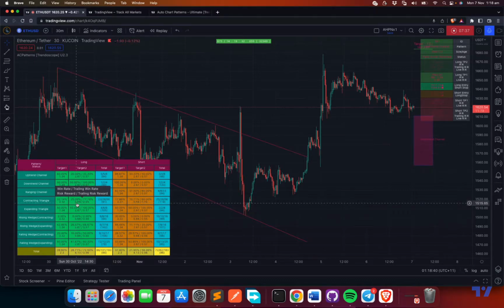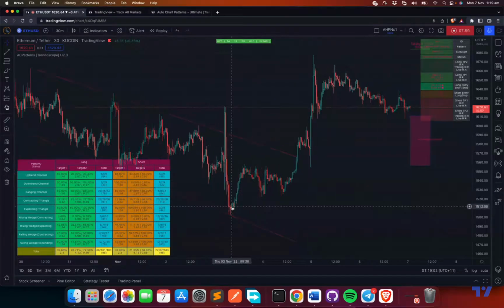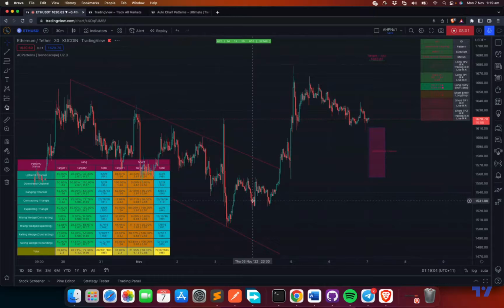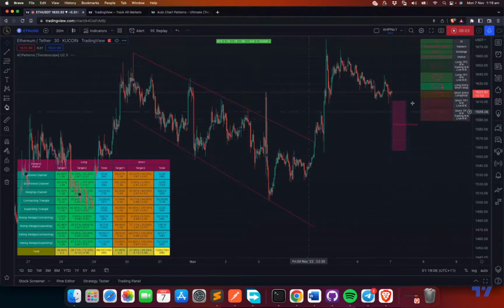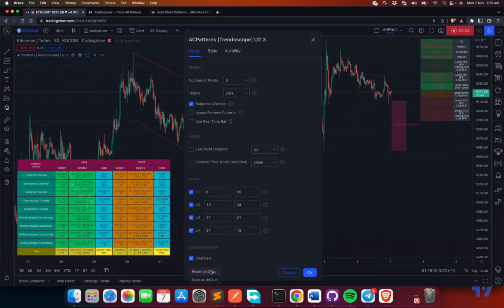And target two has increased as well, but the overall win rate has reduced. We'll have to find out which one will be more profitable. A higher win rate doesn't always mean it's more profitable, because it can be of very low risk reward. So you have to consider both when you are considering the profitability of your trading strategy, right? I'll reset this for now.